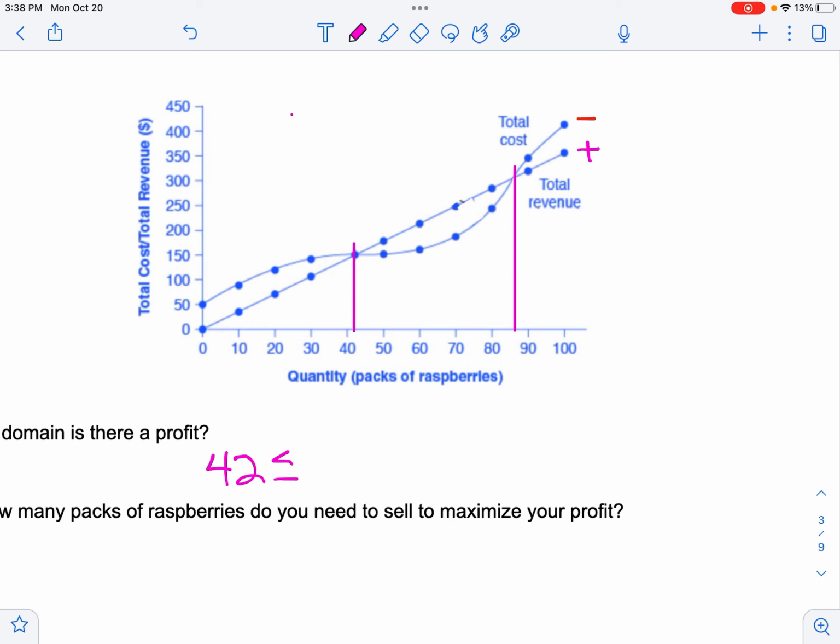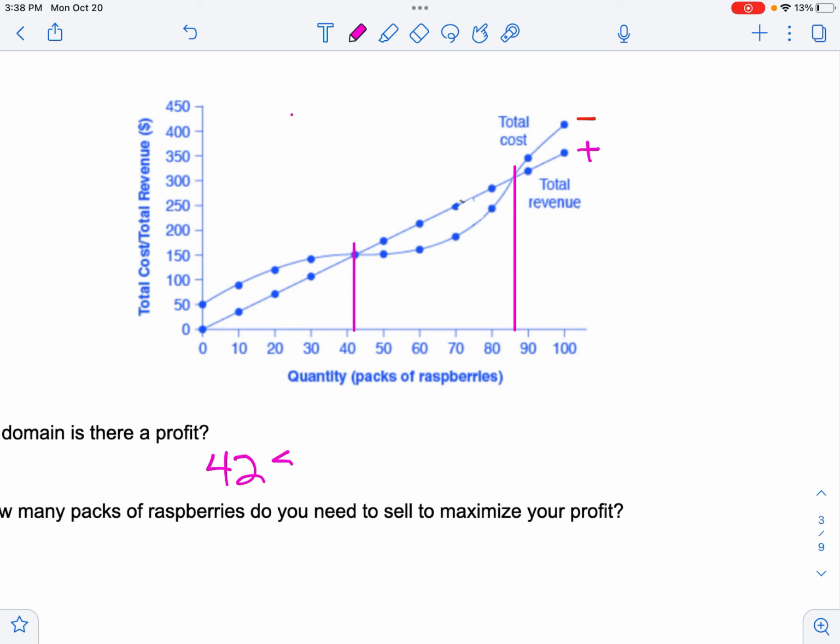I guess not, or equal to, up until maybe 86. So in that range, you can see the revenue is higher than the cost.